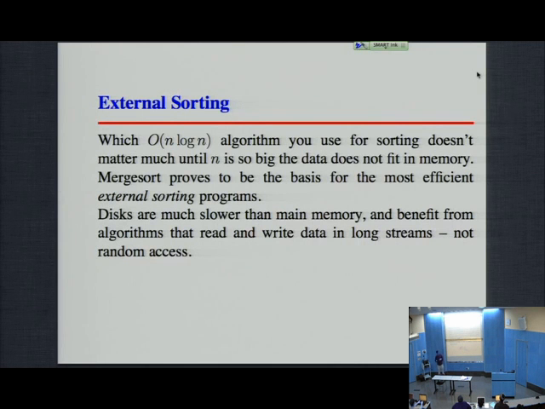Okay? And what this is saying here is that there are log n levels. When you view the computation like this, there are log n levels, each of which takes order n time. N times log n is n log n. And that is the reasoning why merge sort is n log n.